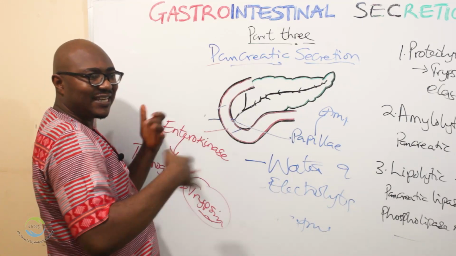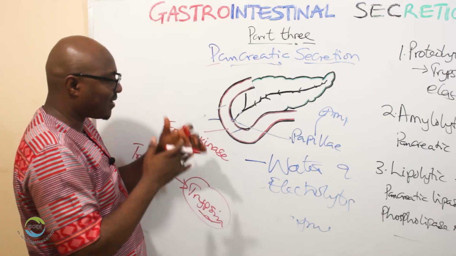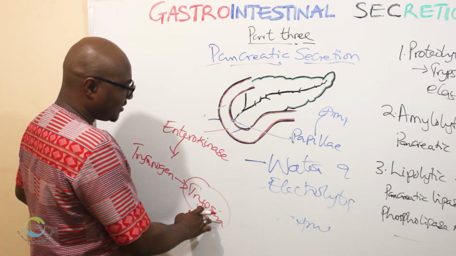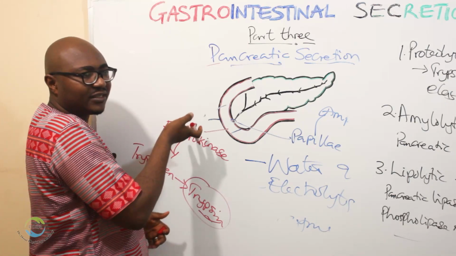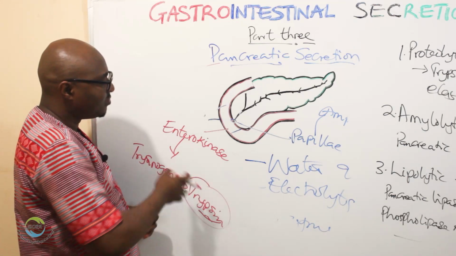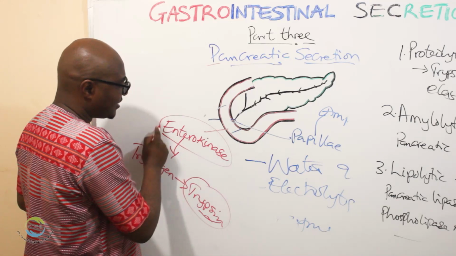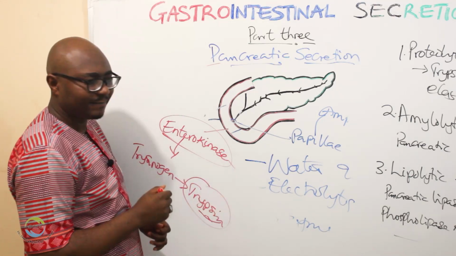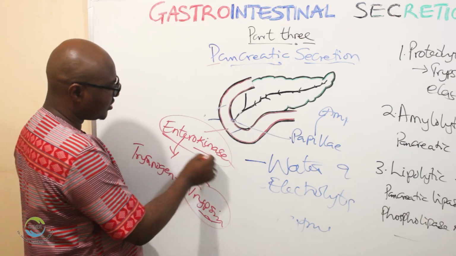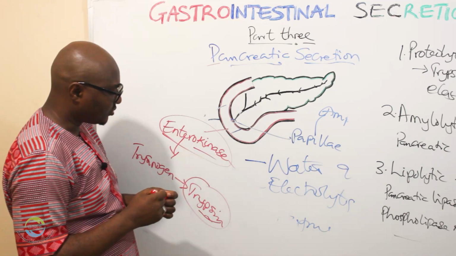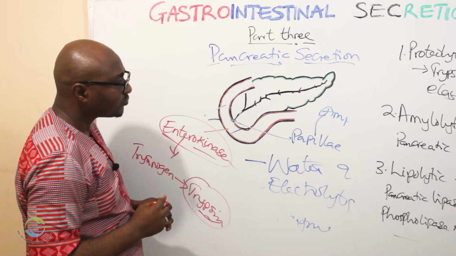So it's like a positive feedback mechanism. Trypsin goes back to trypsinogen to activate other trypsinogen that have not been activated. But the first thing that starts it is enterokinase. It's also known as enteropeptidase. Enterokinase, enteropeptidase, either one, the same thing.